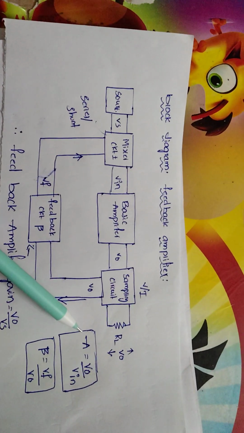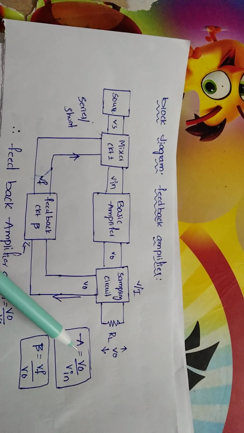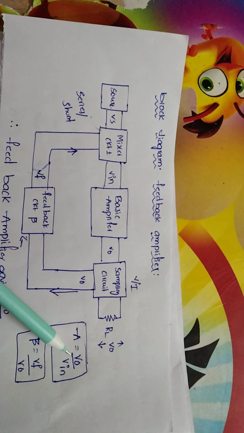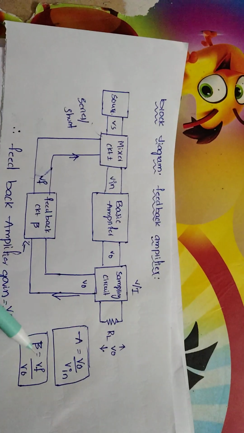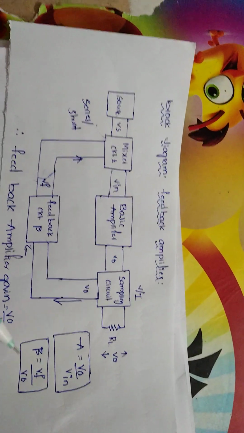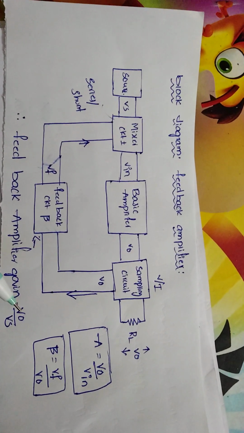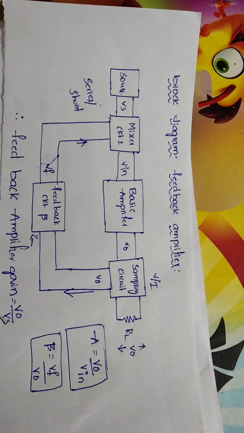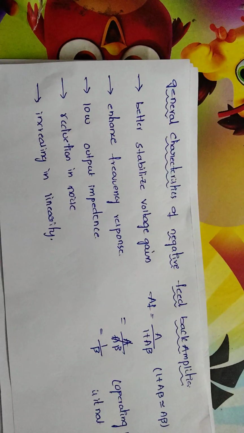The basic amplifier gain A is output voltage by input voltage. Beta represents feedback, so feedback voltage by output voltage. The basic formula of the feedback amplifier gain is output voltage by source voltage. This is the block diagram of feedback amplifiers.